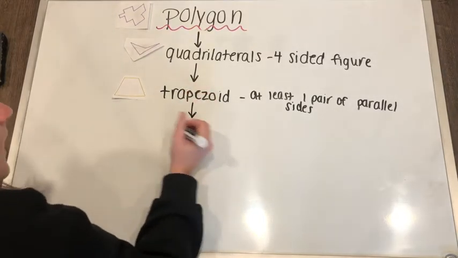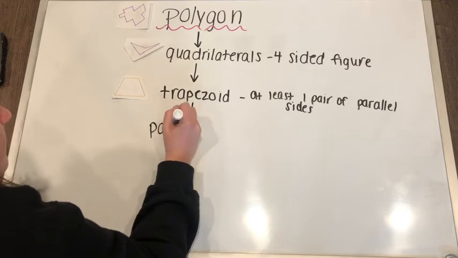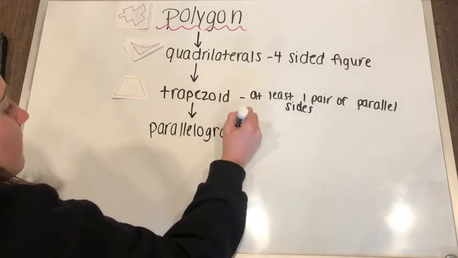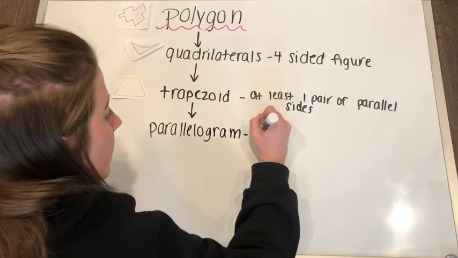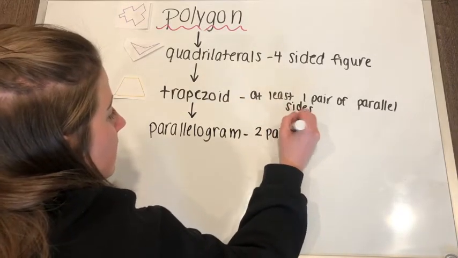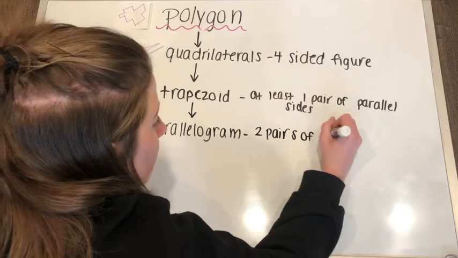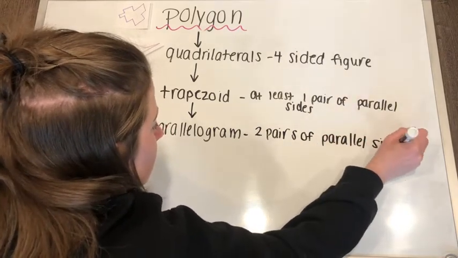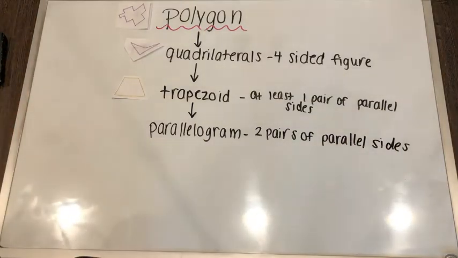Next, we've got a parallelogram. A parallelogram has 2 pairs of parallel sides, like so.